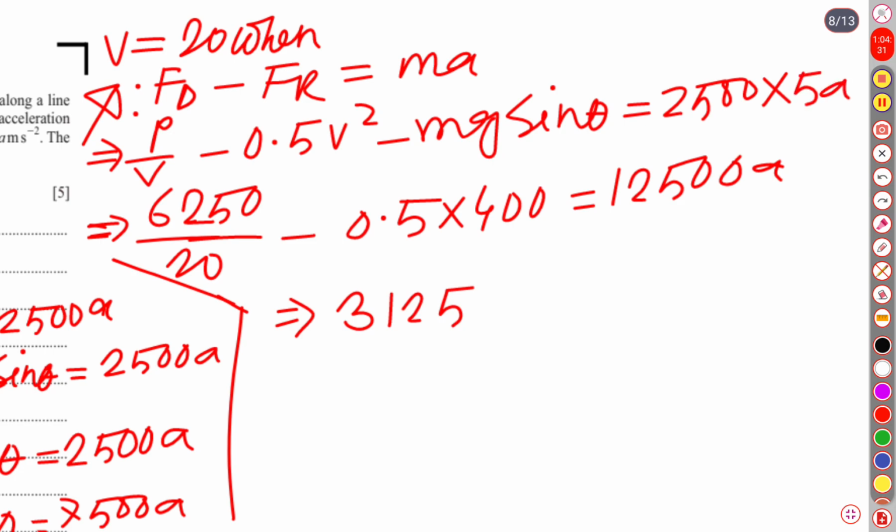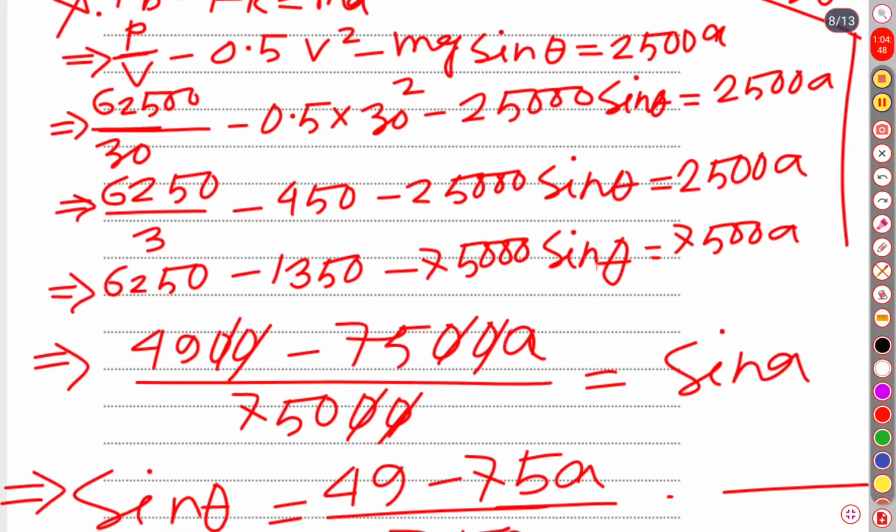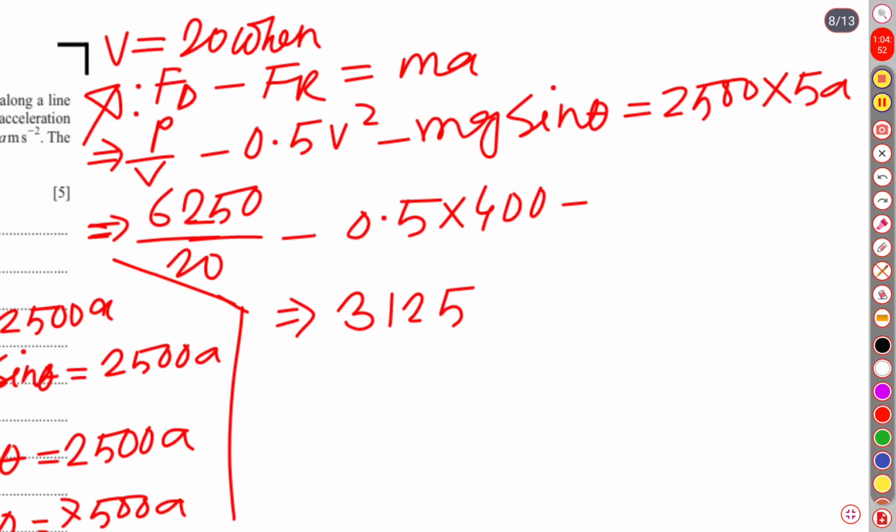So in the next step, mg sine theta we can copy from the previous one. Minus mg sin theta is unchanged. We have written here mg sin theta is 75,000 sin theta, so it will remain as it is, 75,000 sin theta.